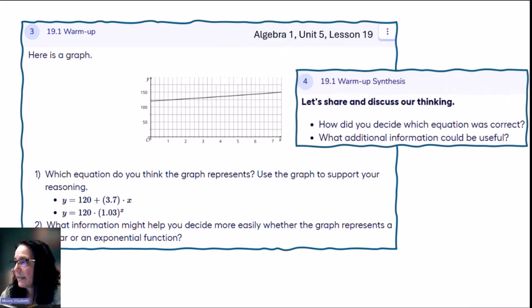And then there is the first part of the synthesis before we get to what we looked at in the beginning that asks students how they decided which equation was correct and what additional information could be useful.